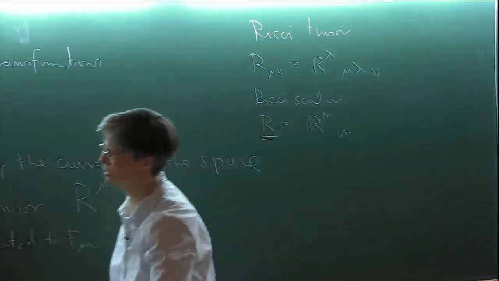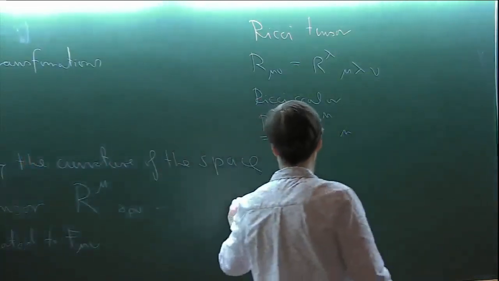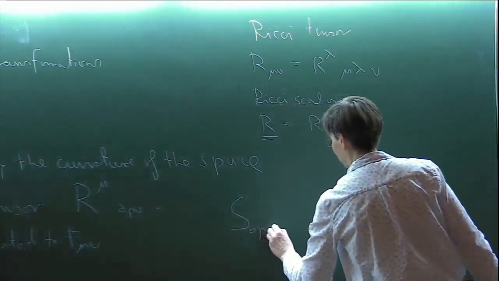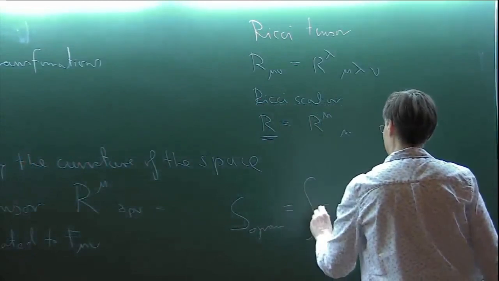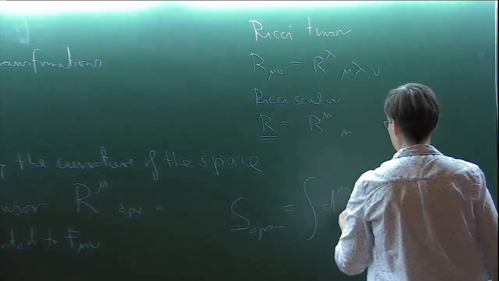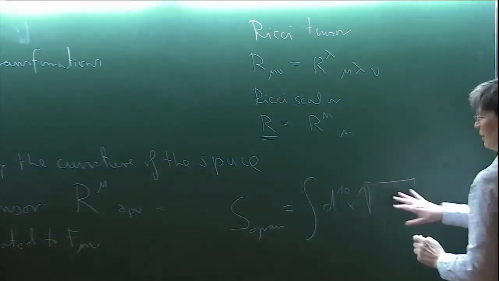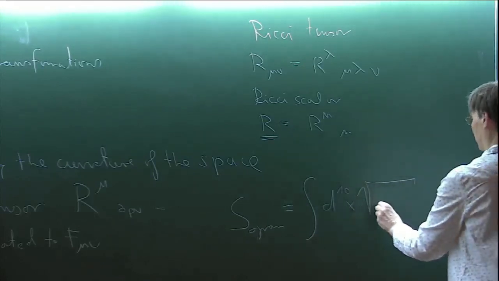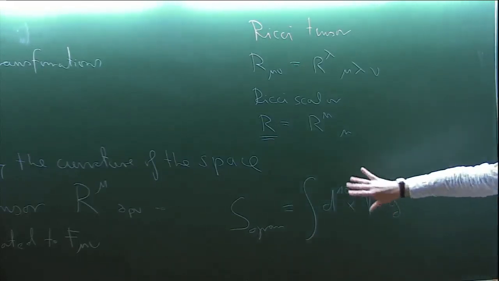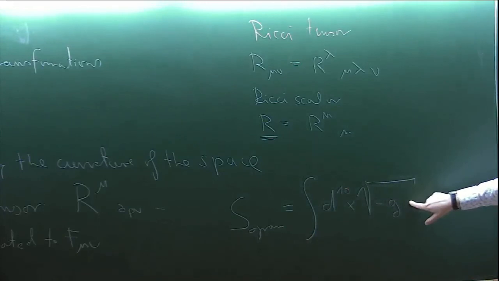Now I wiped it off, but earlier I wrote you this gravity action. Essentially I was starting with something in 10 dimensions. Then this is your Jacobi determinant, which makes your integral covariant. That's the determinant of the metric.